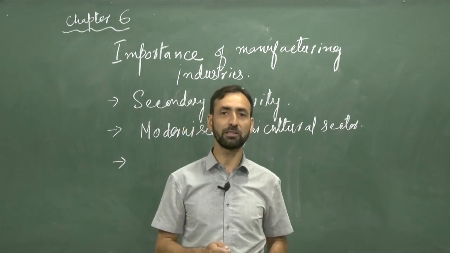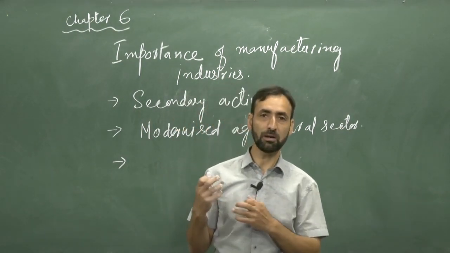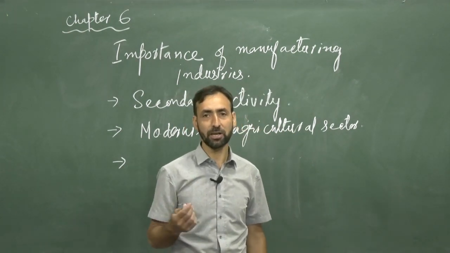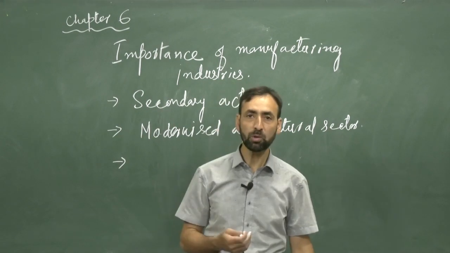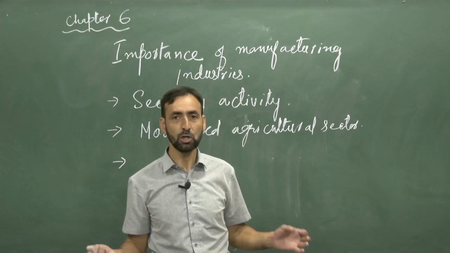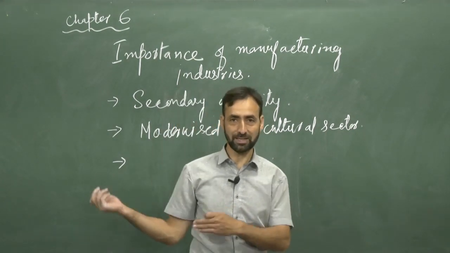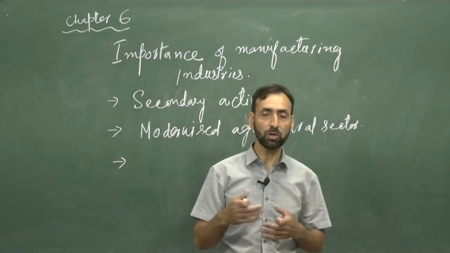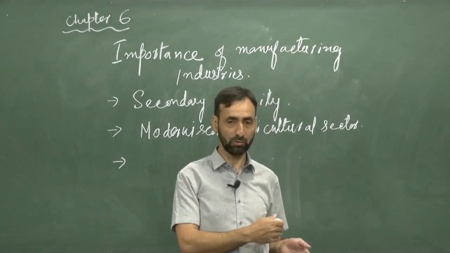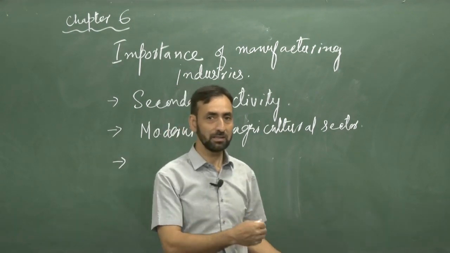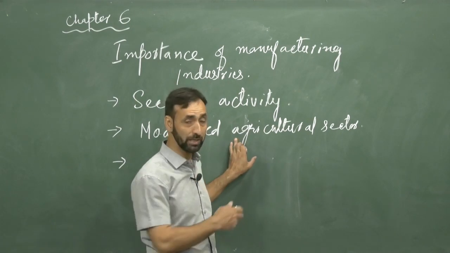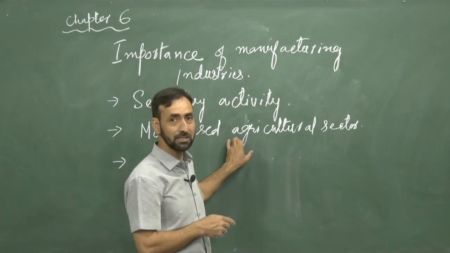Second importance: it reduces the dependence of people on the agricultural sector. In ancient times, more and more people worked in the agricultural sector because there was no option to work in other sectors. When more industries were constructed in India, they had one more option to work in the secondary sector.